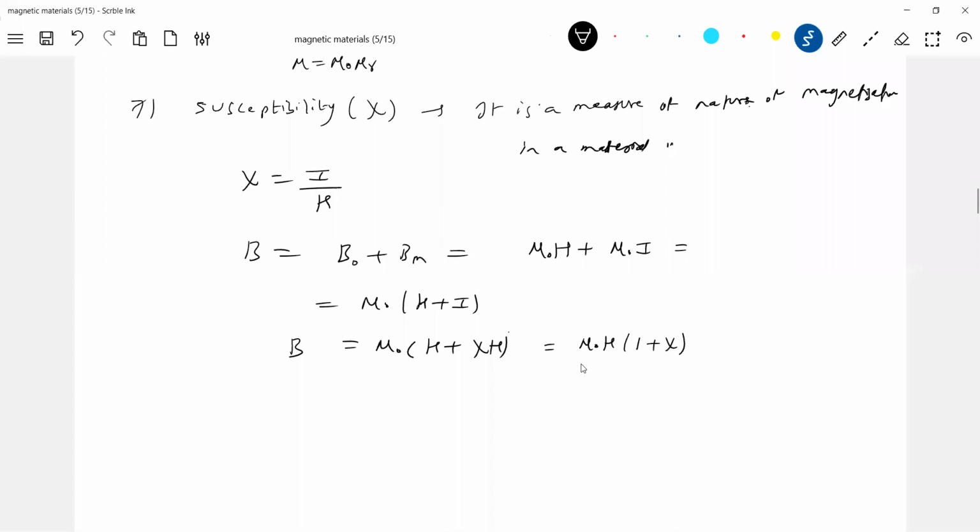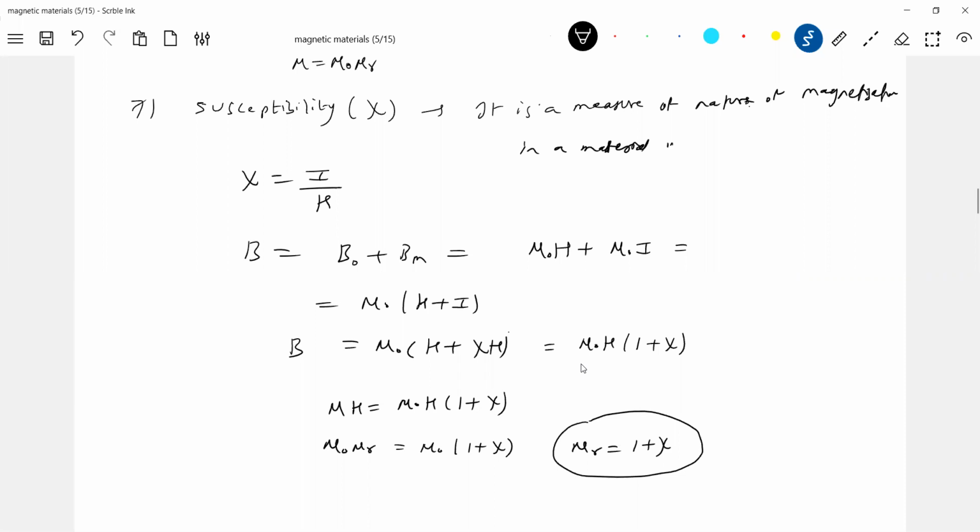This is the net field, due to the material medium. So this will become mu H is equal to mu naught H, 1 plus chi. What is mu? Mu naught mu r. H will get eliminated. So what is mu r? 1 plus chi. This is the relation between the relative permeability and the susceptibility. It's a very fundamental thing. This is what you have to remember. Nothing big.